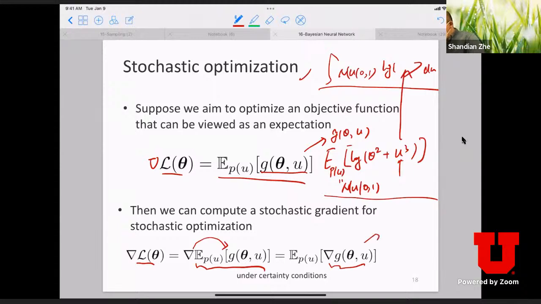Remember, this guy is still a function of u, so it's still a random variable, right? If you write it as some h function, it's still a function of theta and u, right? So it's still a random variable. And then you take the expectation of h outside under p of u. Right? Does it make sense? Okay. Any questions so far?